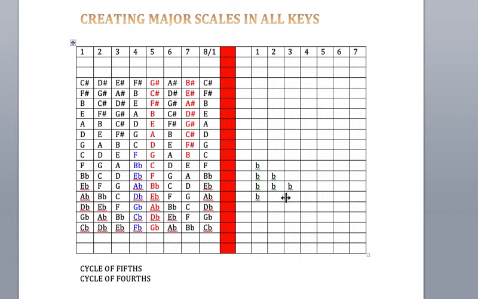D flat has 5 flats. And G flat has 6 flats. And C flat, which is the last one in the flats, has 7 flats.